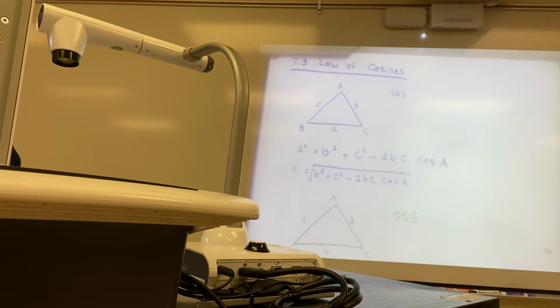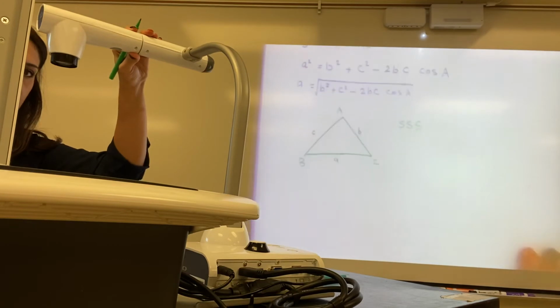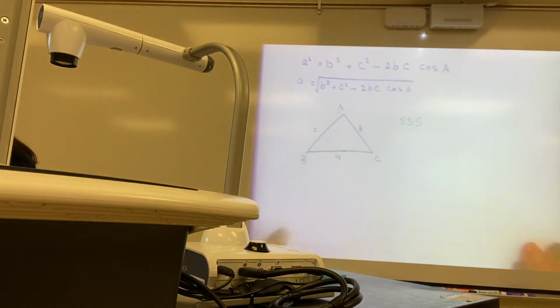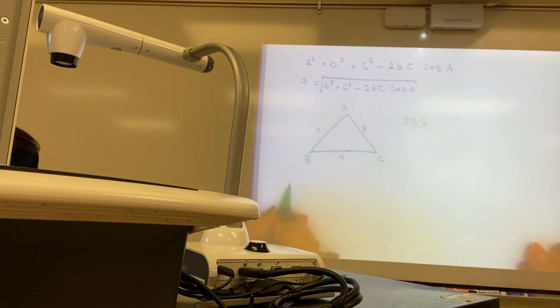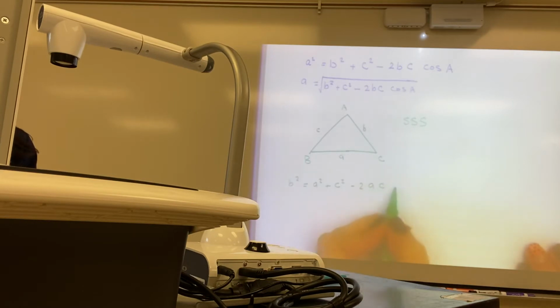So let's do it for B. B squared equals A squared plus C squared minus 2AC cosine B, right?